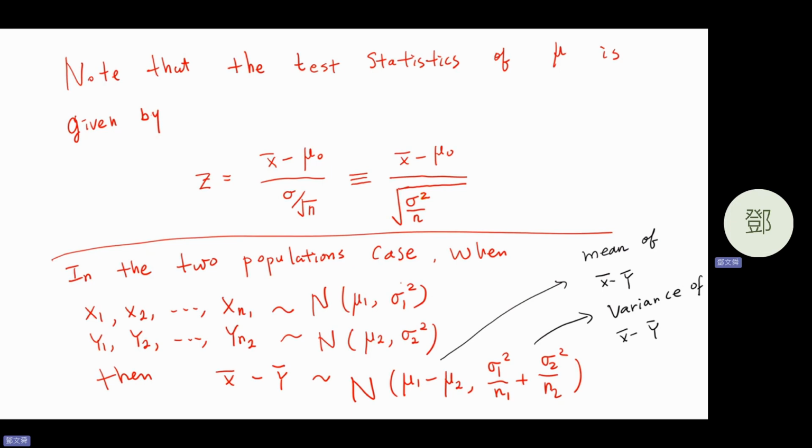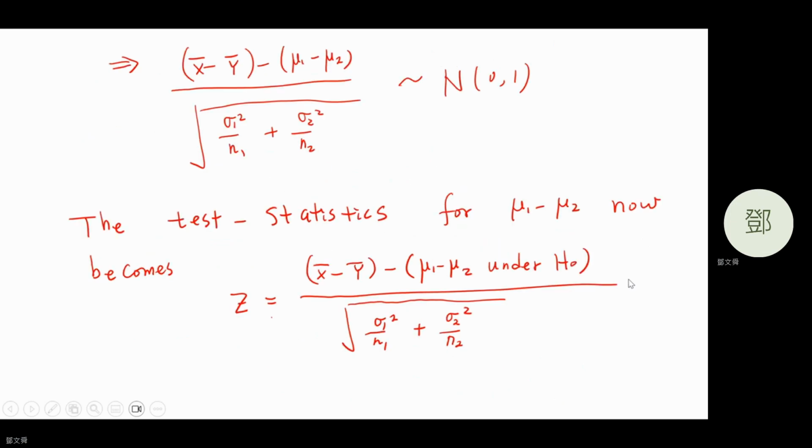When it comes to two populations, you just sum them up.